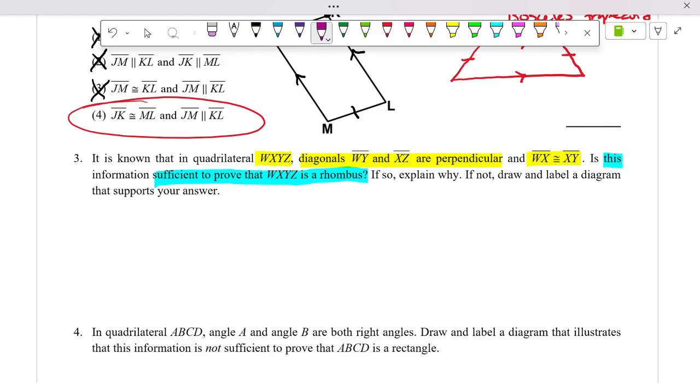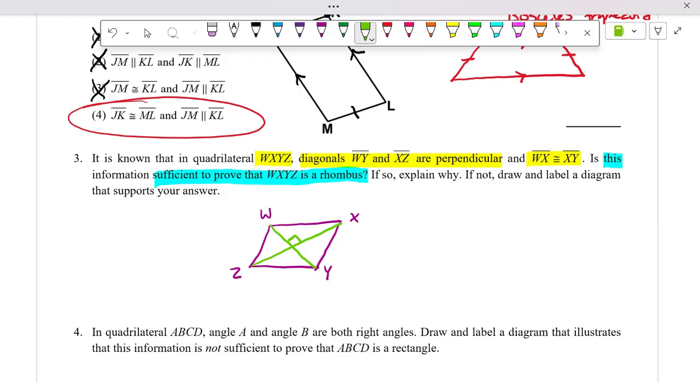So let's draw our quadrilateral. Now remember, it's not going to be drawn to scale, but I have a quadrilateral WXYZ. And they said that the diagonals WY and ZX are perpendicular.